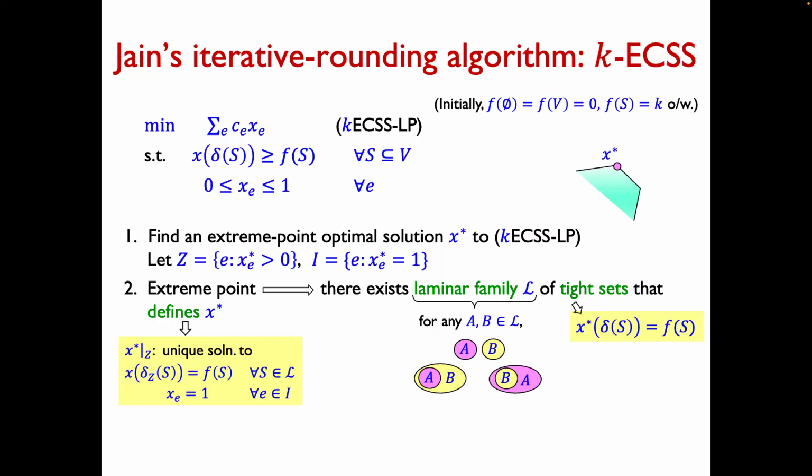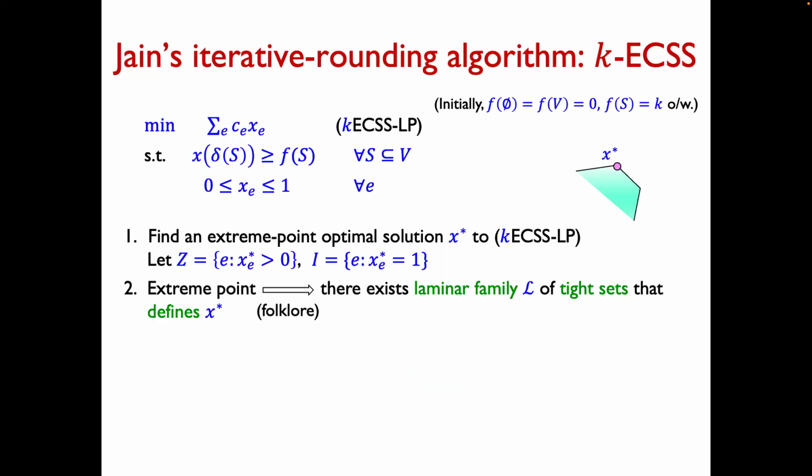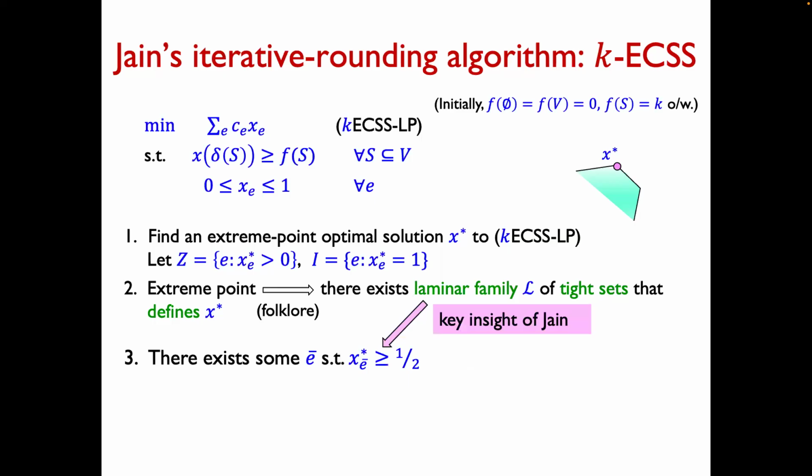This is a well-known idea in network design problems. I will get to how we can get to this, but let's continue with the flow here. So we get this laminar family, and then the key insight of Jain is this very nice property: from this structural property, he shows that there must be some edge whose value is at least a half.